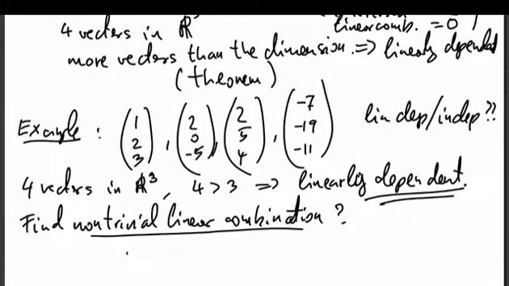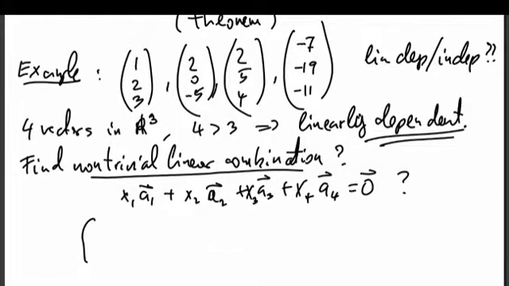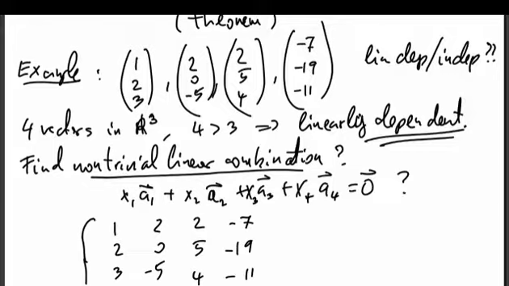That means you want to find coefficients x1, x2, x3, x4. And the way we solve this is that we put together the column vectors into a matrix: 1, 2, 3, 2, 0, -5, 2, 5, 4, -7, -19, -11.